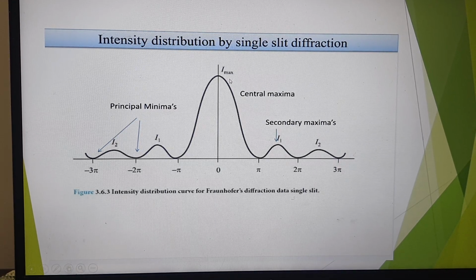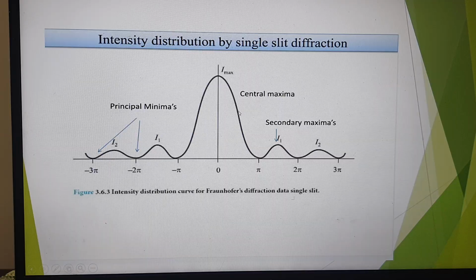The first one, here the biggest curve, shows the central maxima, and the second ones will be the secondary maxima, that is I max, I1, I2, and here also the same, the intensity is max on the left side, that is minus values I1, I2. If you observe the pi value here, 2 pi, 3 pi, on this side it is minus pi, minus 2 pi, minus 3 pi.